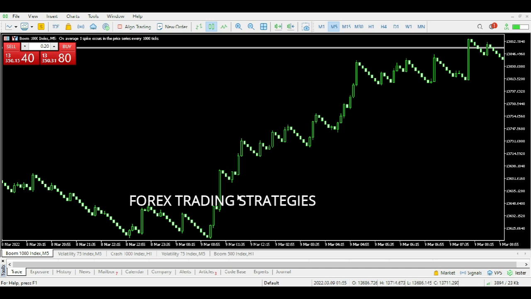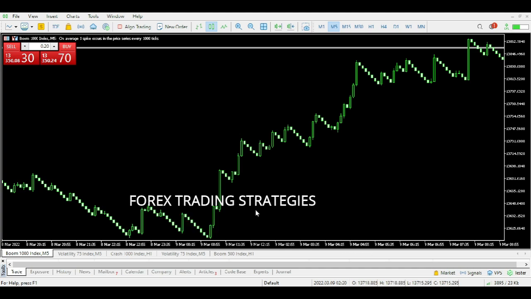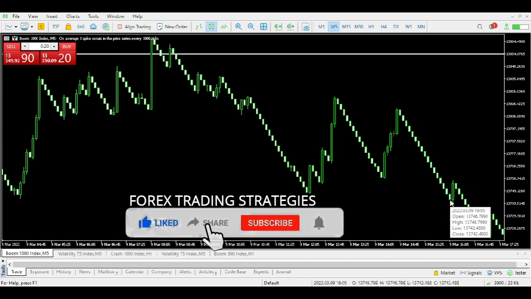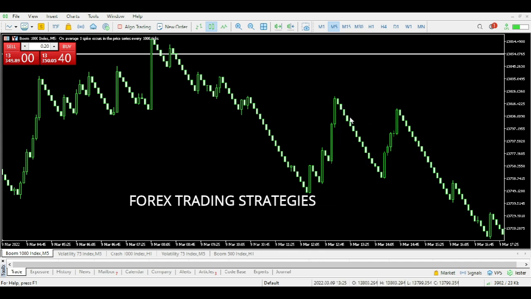So that's the premise for our robot, and we only want to use this robot when we are sure that we have a trend that's going up. We don't want to use this robot when we are in a downtrend and things are not going in our favor, because we are going to be caught in these long retracement candles. Of course, you might have one of these or one of those, but you see in the long term, you don't want to be trying to catch spikes in a downtrend.